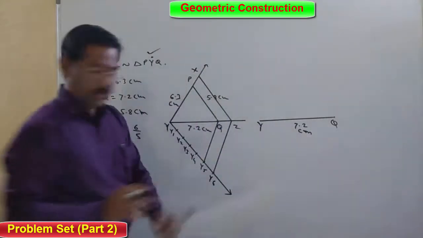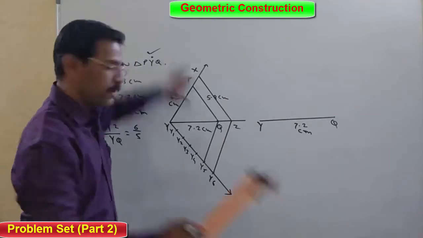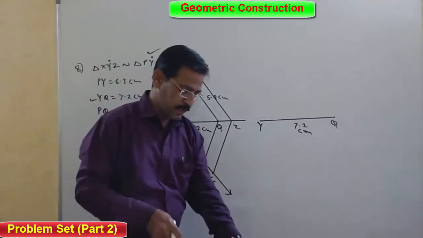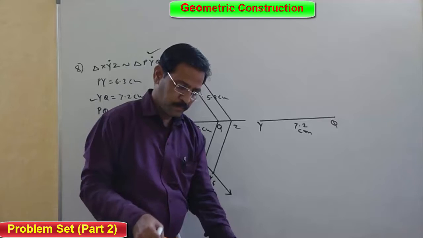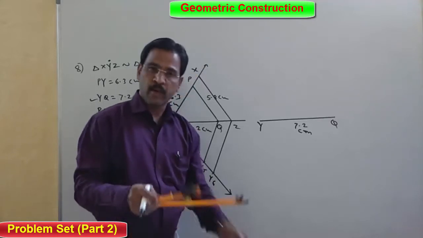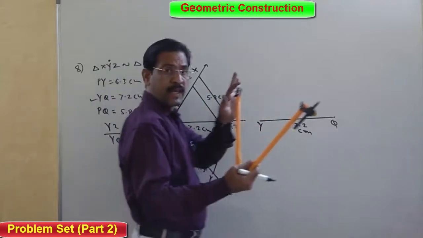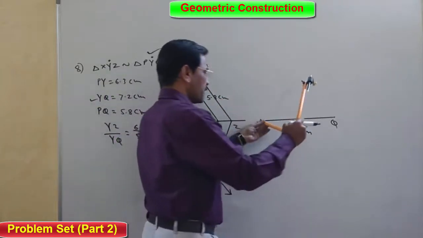Okay, now in compass, I will take 6.3 to draw point P here. This is 6.3 here. Okay, friends. Now I draw that arc here from this point Y.